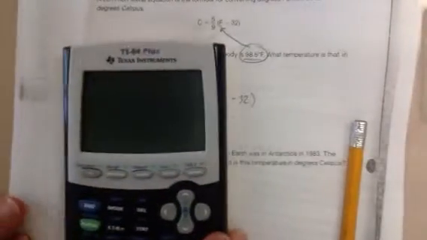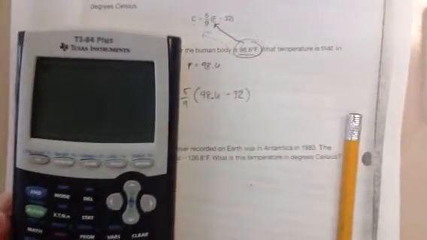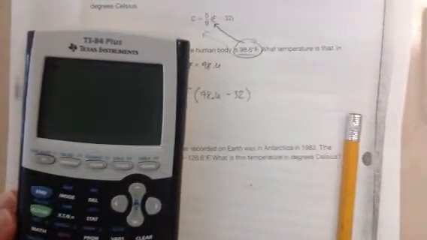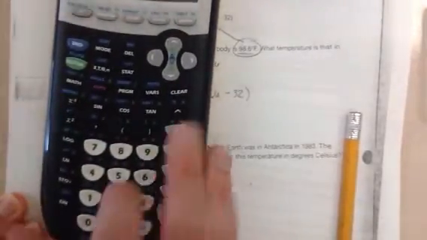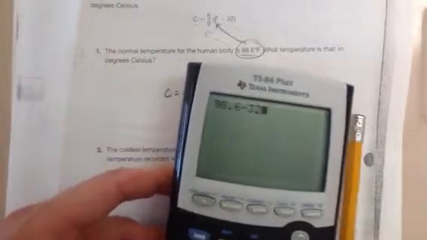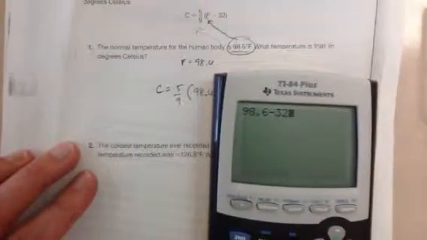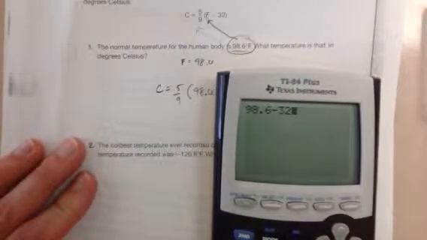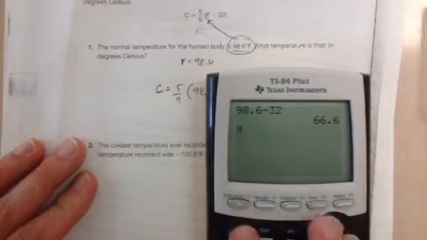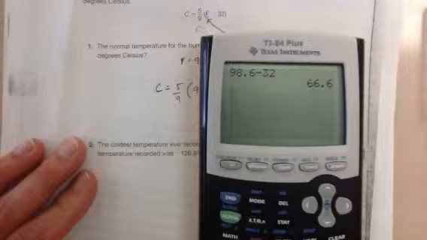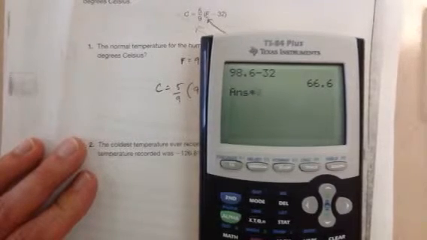So get out our calculator, type in 98.6 minus 32. And then we need to multiply by 5/9. There's a couple ways your calculator can do that. Say times, and we can either type in parentheses 5 divided by 9. That's the same thing as 5/9.